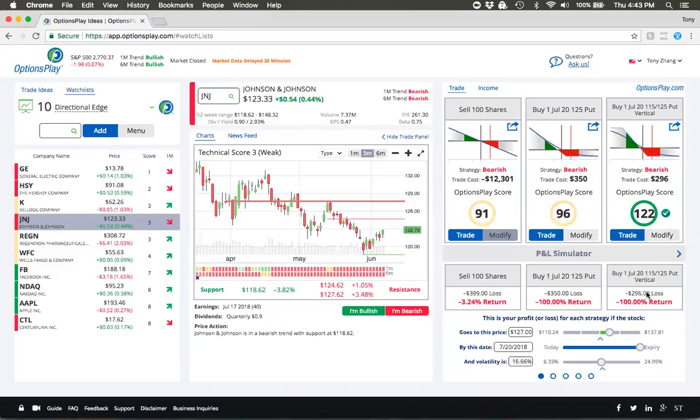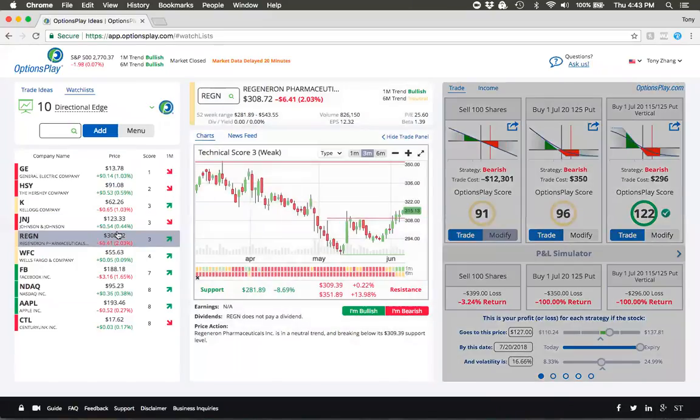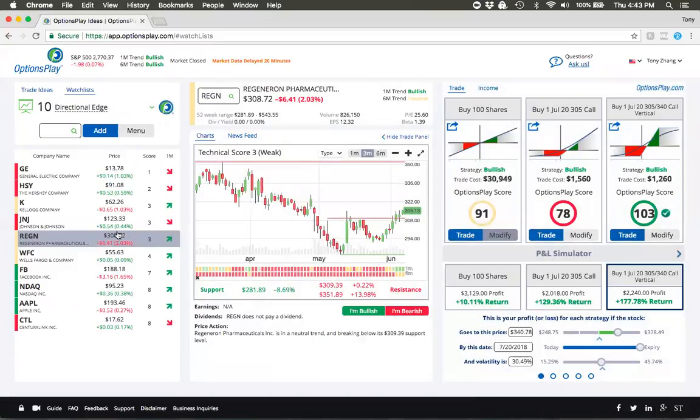And that's really the power of options play, not only showing you the directional view very instantly for any stock that you type in, but instantly providing you with strategies on how to take advantage of that view without having to necessarily take all the time going through option chains. I know many of you here that trade options may use the option chains to help you decide which expiration, which strike price to use.